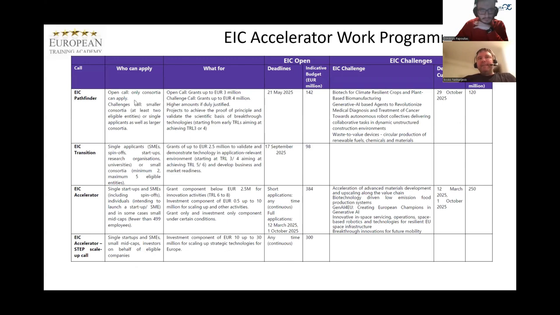I don't know whether you know the compatibility of these instruments. I want to just point out, on technology readiness level, in terms of how you approach funding for different stages of development of your innovation: first you have the Pathfinder, and essentially it is for consortiums.